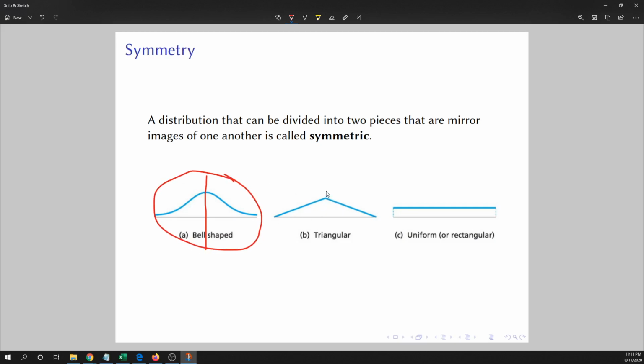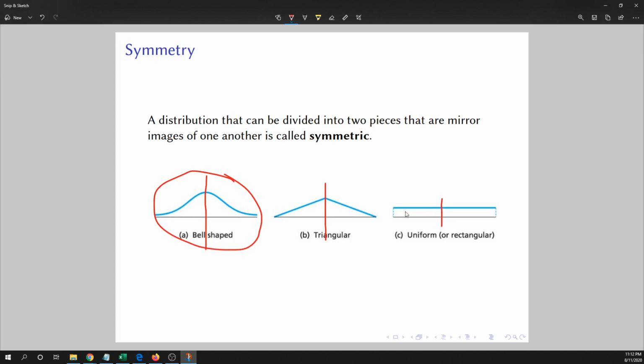So here's another distribution shape. It kind of looks like this, and we can see this one's symmetric because if we printed this out on a piece of paper and folded it right at this line, part of the curve would line up exactly with this part of the curve. This one is called the uniform distribution.